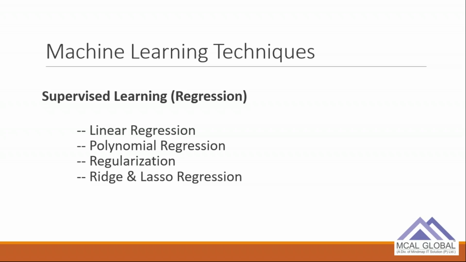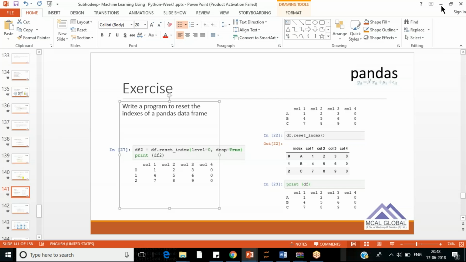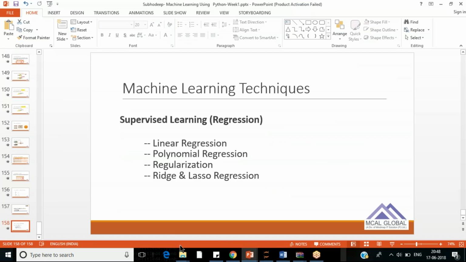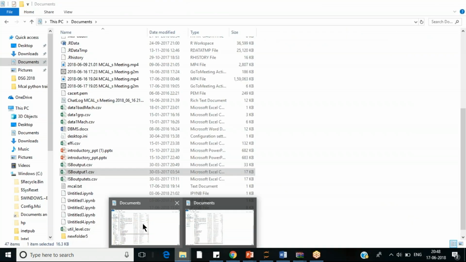Polynomial regression is another form, an advance on linear regression. We'll talk about regularization, ridge and lasso later. So now let's go into a bit of linear regression.